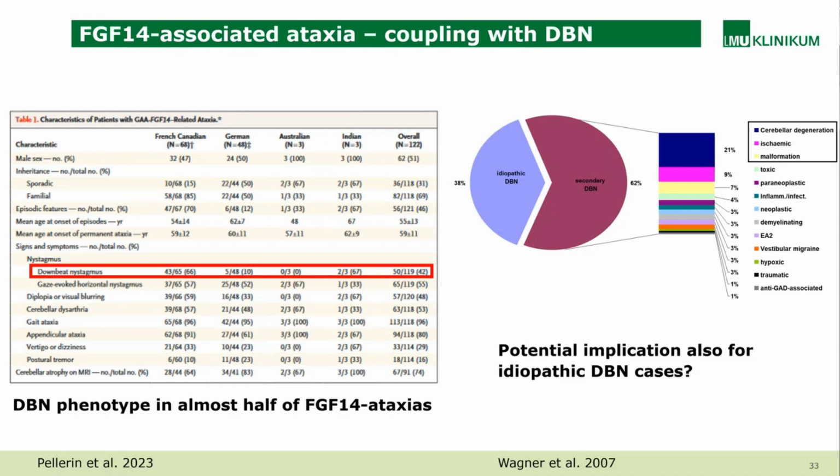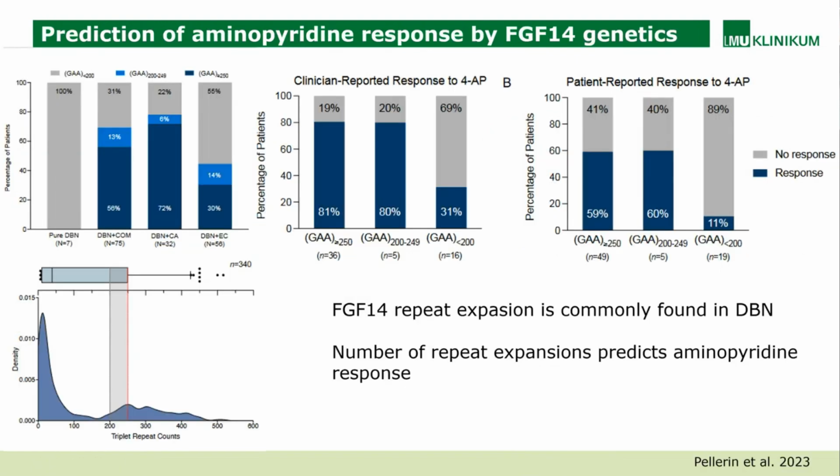So that is when things converge, and nowadays you can even say that idiopathic downbeating nystagmus is a genetic disorder, which 3 years ago was not even close to being thought of. And even more so, you could predict by the expansion numbers in this gene the response to aminopyridines.